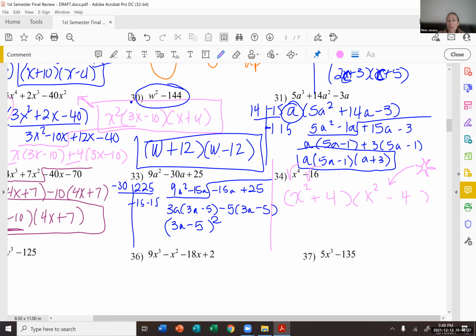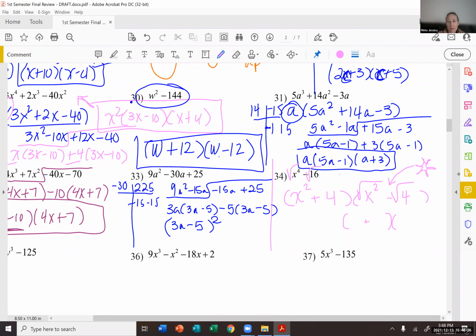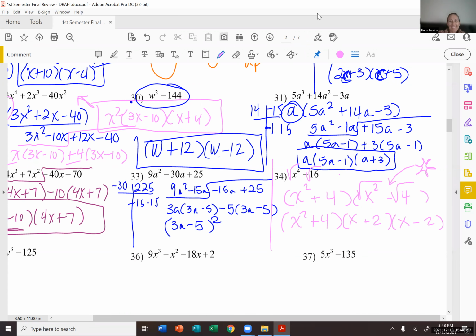So I have the same pattern again, x squared minus another square. So take the square roots here. And I get plus and minus x plus 2, x minus 2. Oh my gosh. And x squared plus 4. Oops.